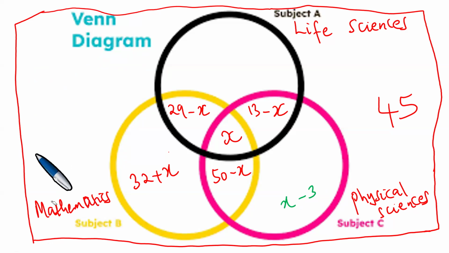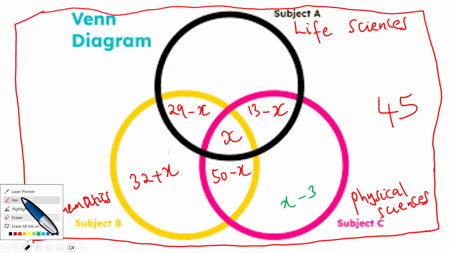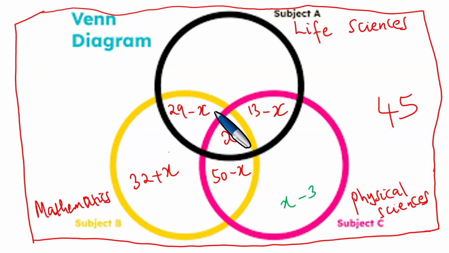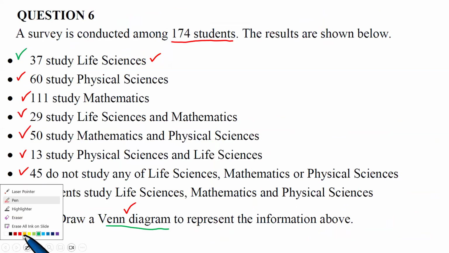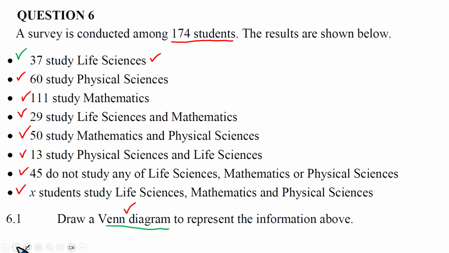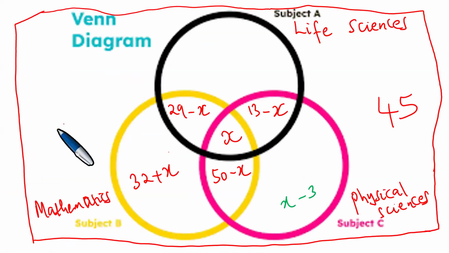Next. What do we have? We want to find the number of the students who are only doing life sciences. How many? There are 37 of those who do life sciences. They want to be medical doctors. They want to understand human anatomy and physiology.